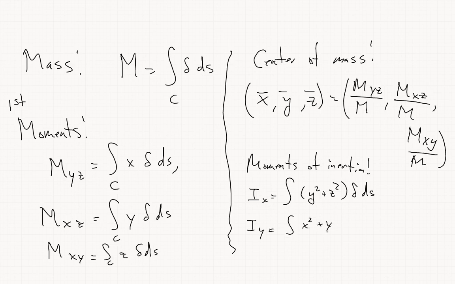Iy is integral of x squared plus z squared delta ds, and Iz is integral of x squared plus y squared delta ds. For these, so the exact same formulas, we just change integral over region dV to integral over C ds.